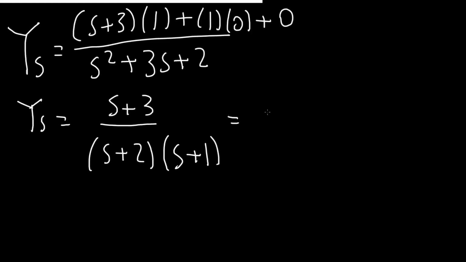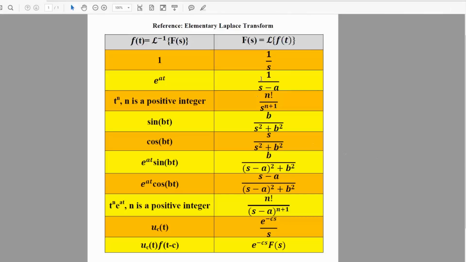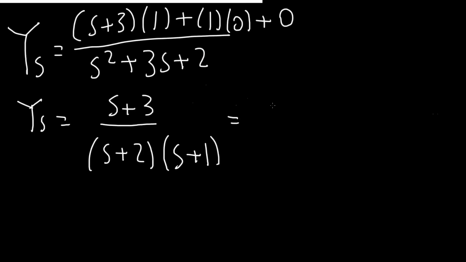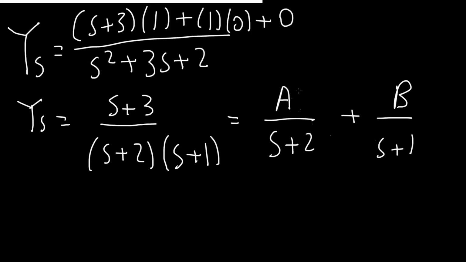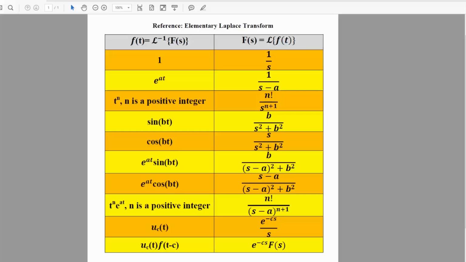And since we're going to look at this table right here, the form that we have isn't anything like this. So we need to make what we have into something similar to this. And so we can do that if we say A divided by s plus 2 plus B divided by s plus 1. And so we need to get A and B. But by having it in this form, it's going to be similar to this, because 1 divided by s minus a.